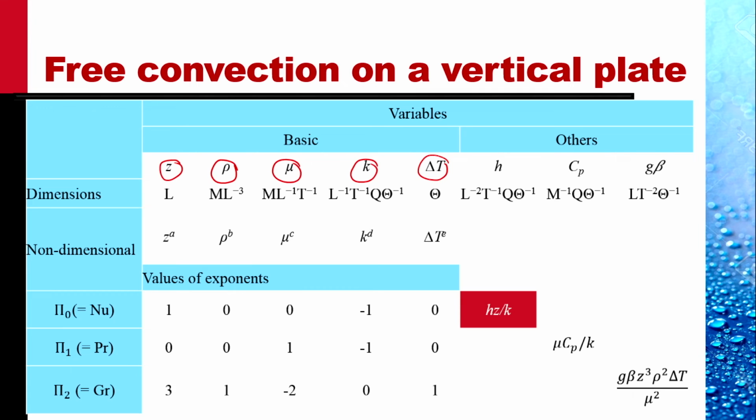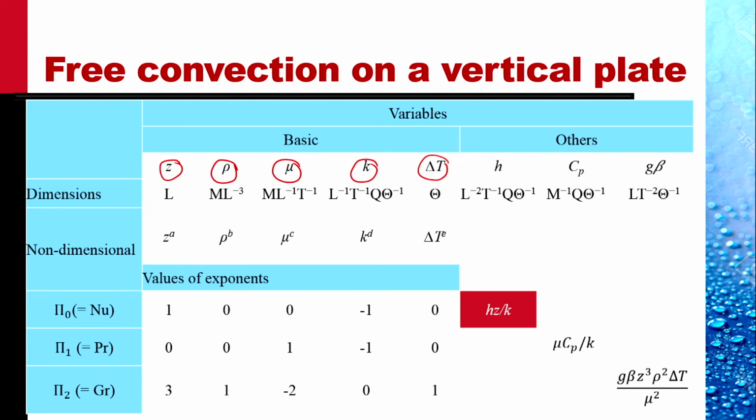Independent in the sense that you cannot express any one of them as a product of powers of the rest within this group. And complete in the sense that all dimensions that are relevant, the 5 dimensions here, are contained herein.